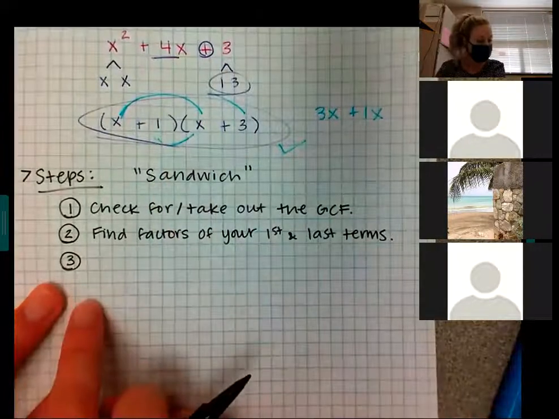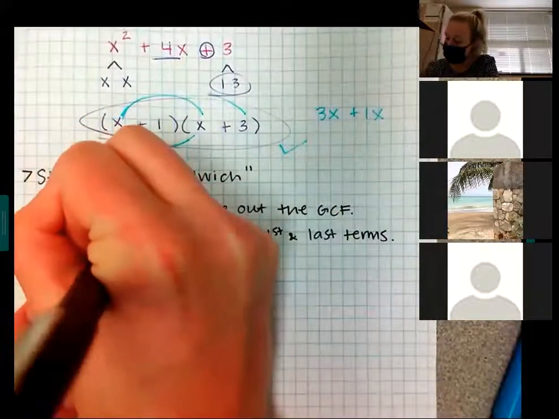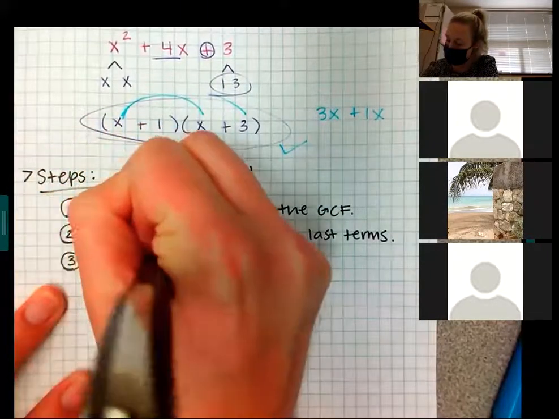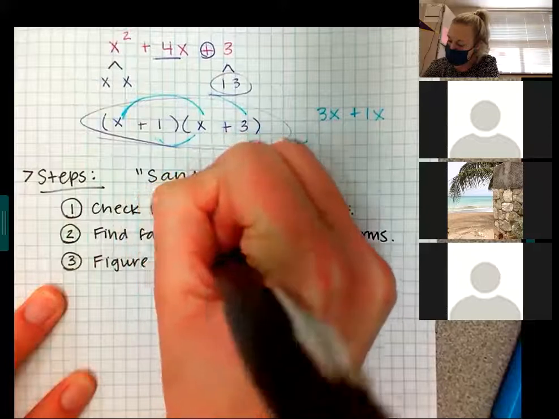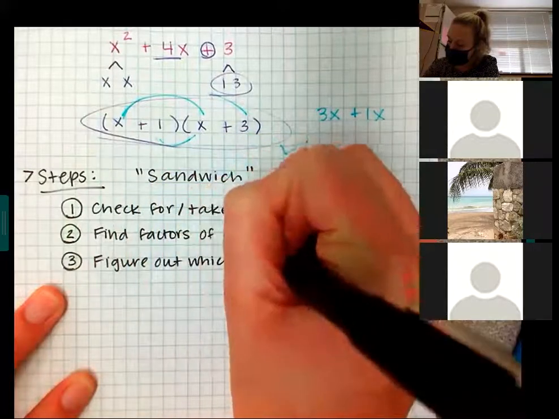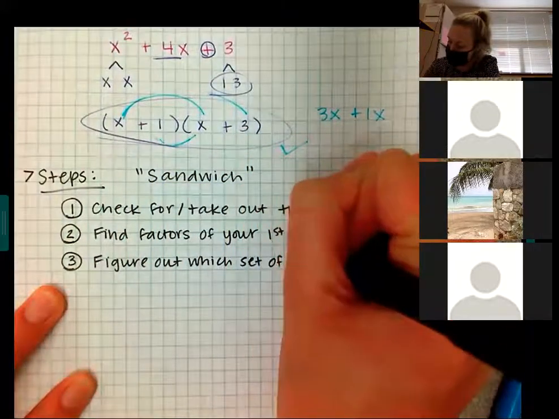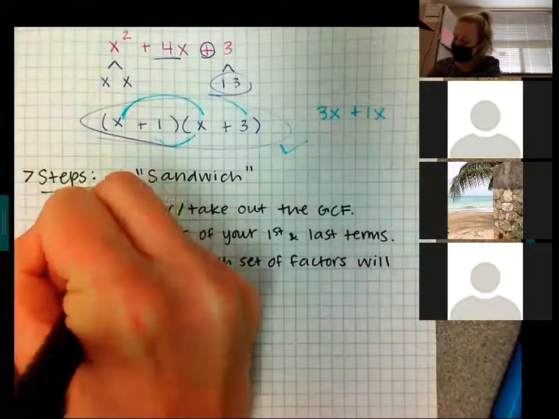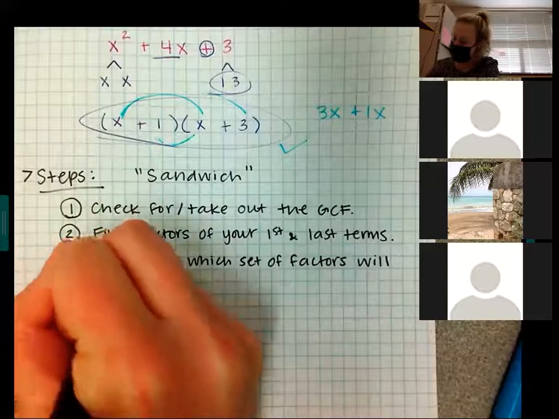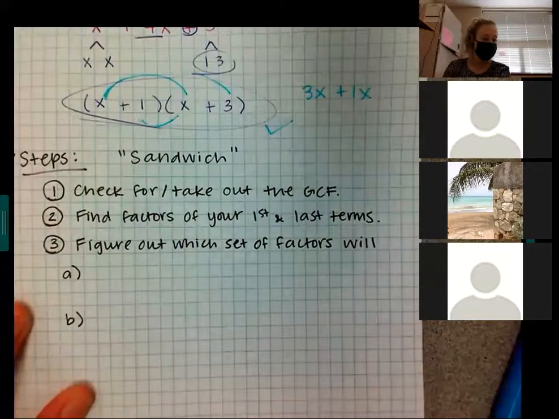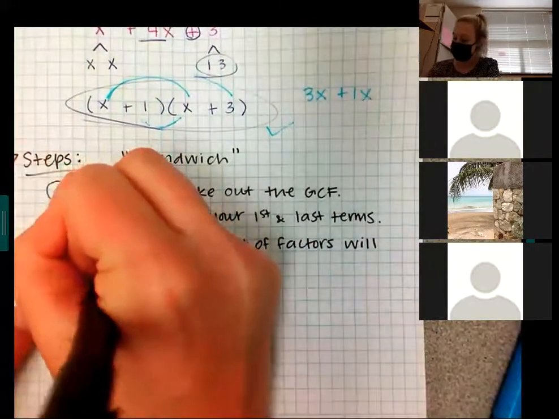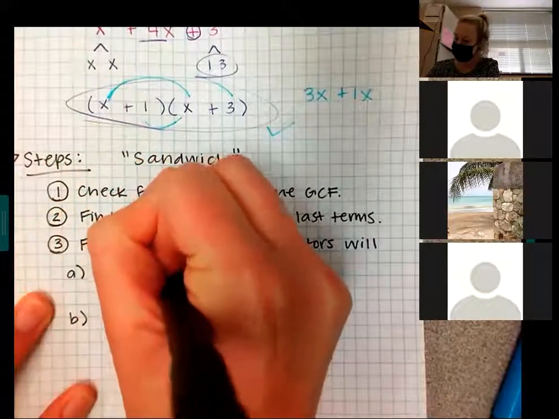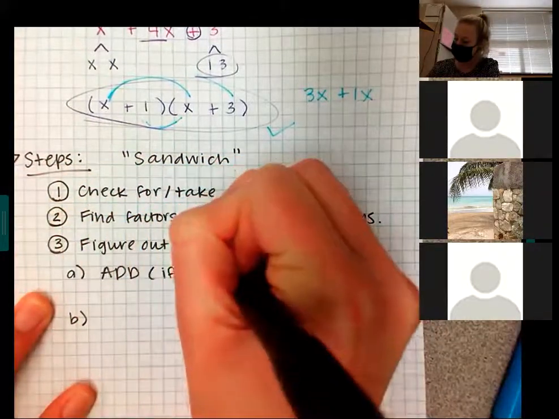Okay, so step 3, you're going to figure out which set of factors will, and this is where you have two options. It's either A or B. Add if back term is positive.